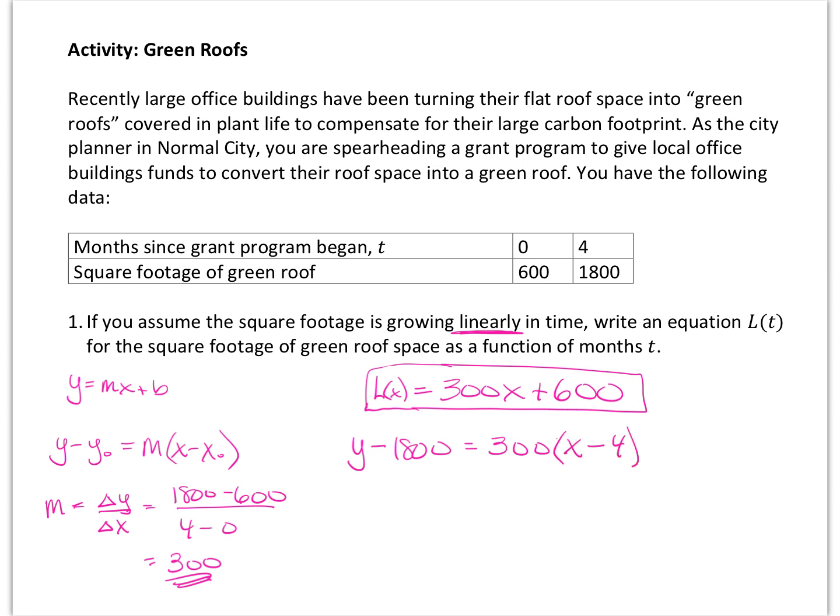And then if I solve for y, I'm going to get y equals 300x minus 1200 plus 1800, which is plus 600. And we're going to rename that L of x. So you see, you get the same thing, whichever method you choose.